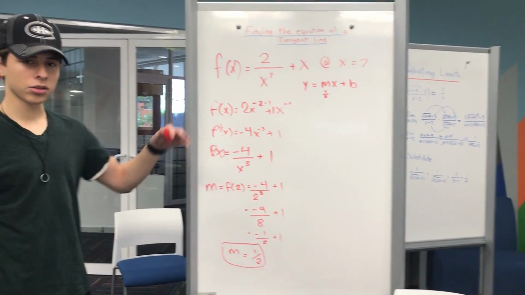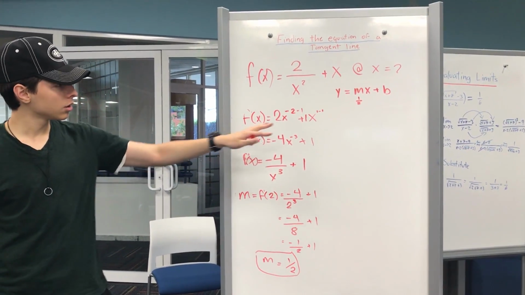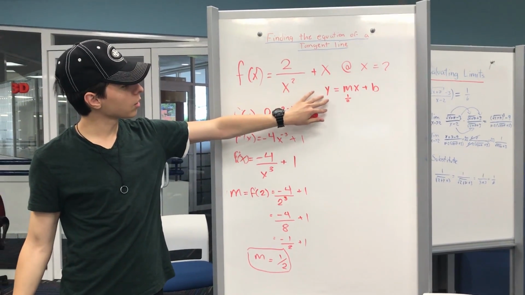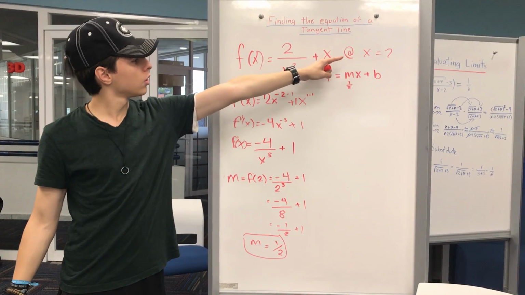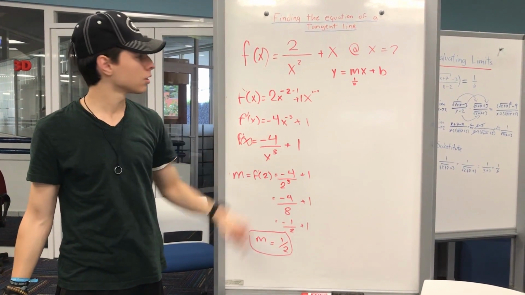And after finding the slope, we need to find the y of the equation, and to do so we will replace x equals 2 in the original equation.